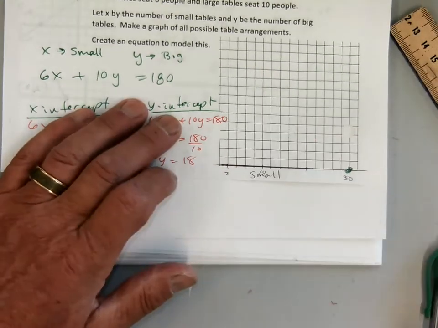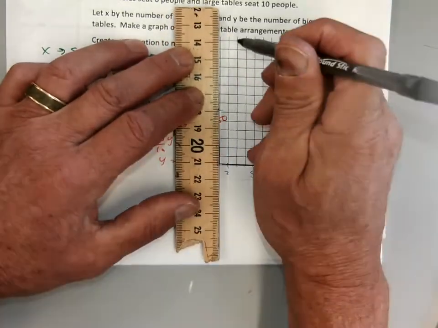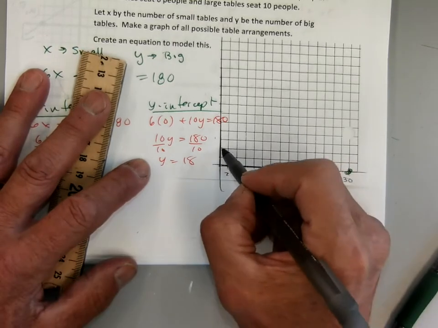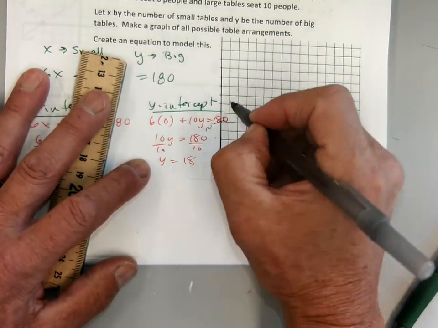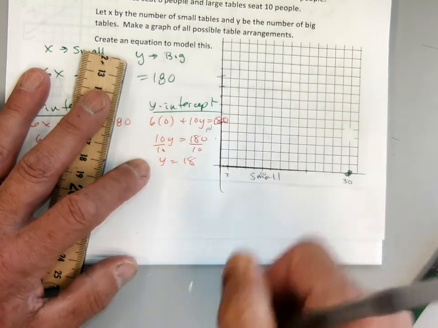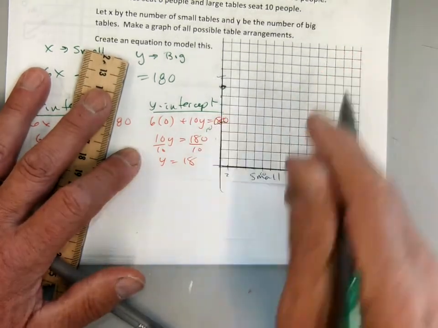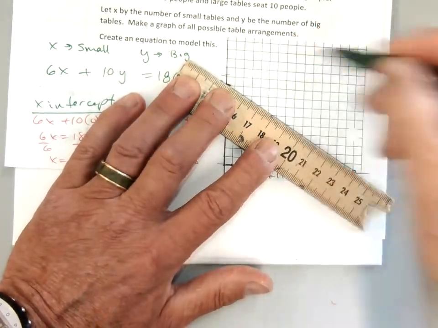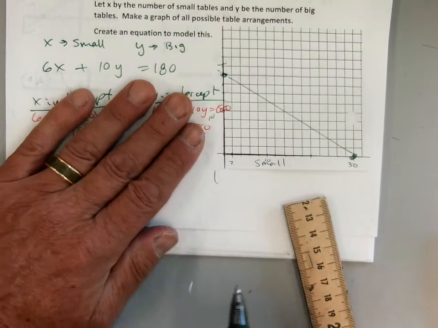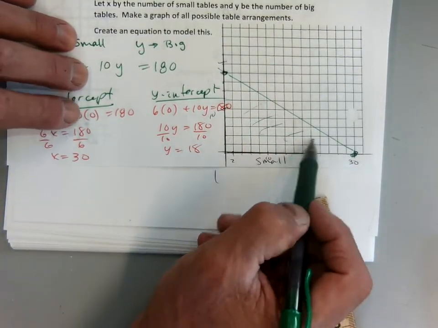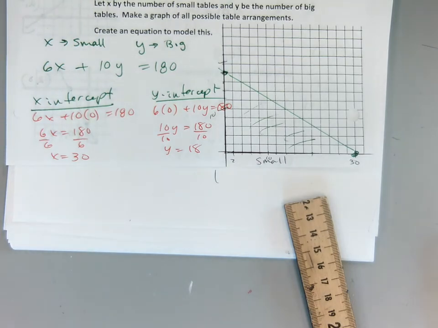Same thing on my big tables. I'll go by 2s. 2, 4, 6, 8, 10, 12, 14, 16, 18, 20. I want to connect the dots. And everything in between represents all the possible tables, okay?